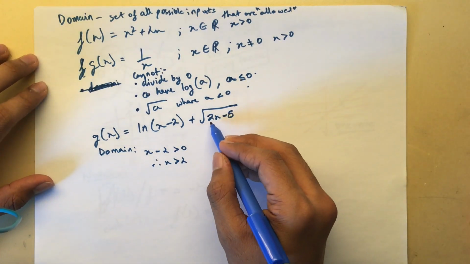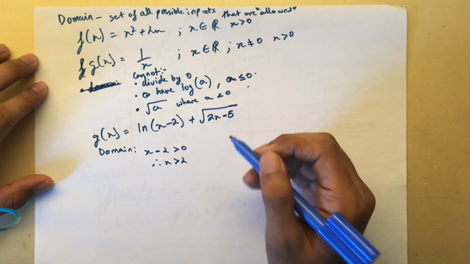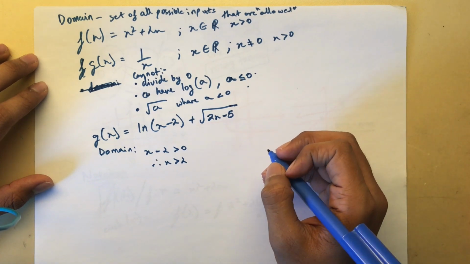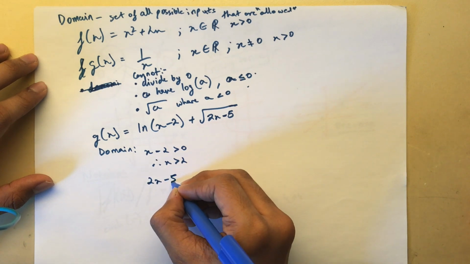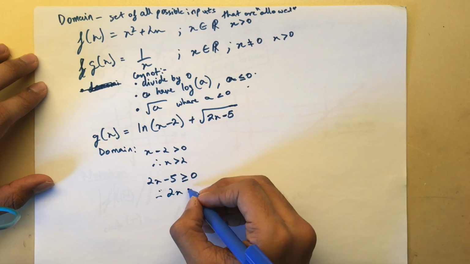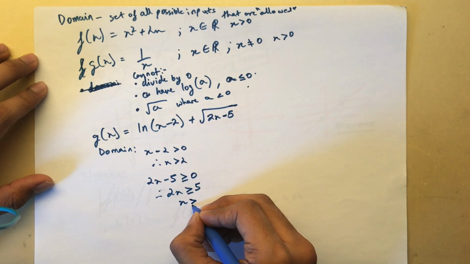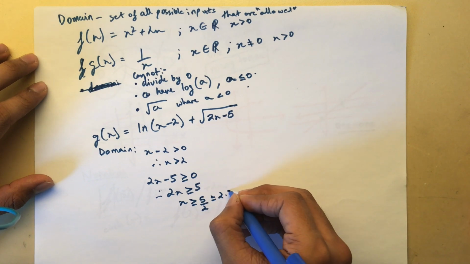Another thing that we would have to look at is that the things that are under the root would have to be greater than or equal to 0. So we would say that 2x minus 5 would be greater than or equal to 0. Therefore, 2x is greater than or equal to 5, and x would have to be greater than or equal to 5 upon 2, which is equal to 2.5.